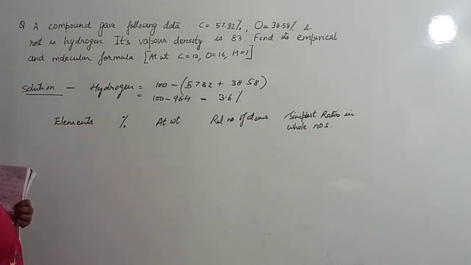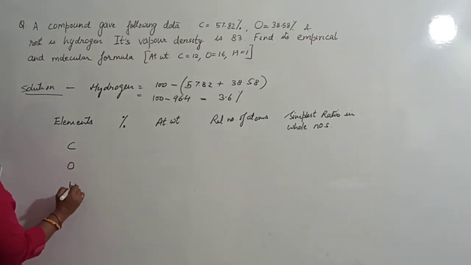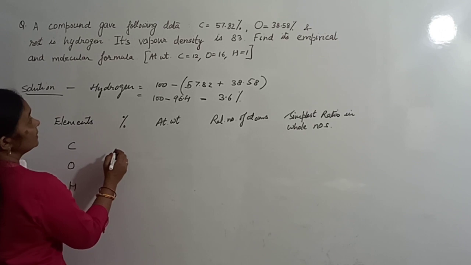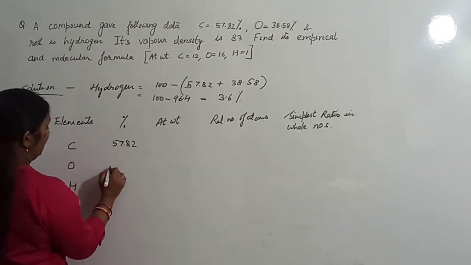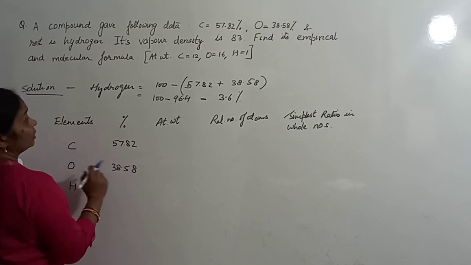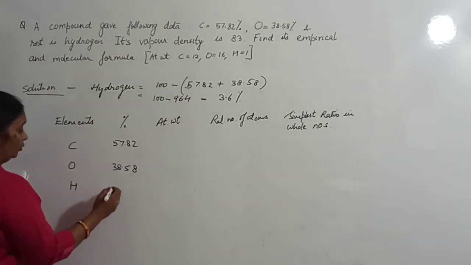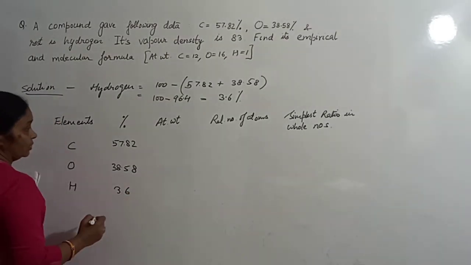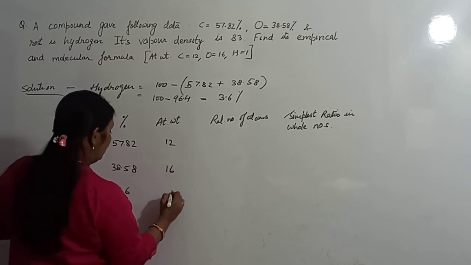These are the columns. Now elements are carbon, oxygen and hydrogen. Carbon is 57.82%, oxygen is 38.58% and hydrogen we have calculated here, 3.6%. Atomic weight: carbon 12, oxygen 16, hydrogen 1.